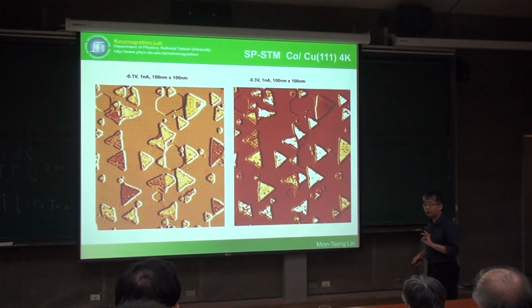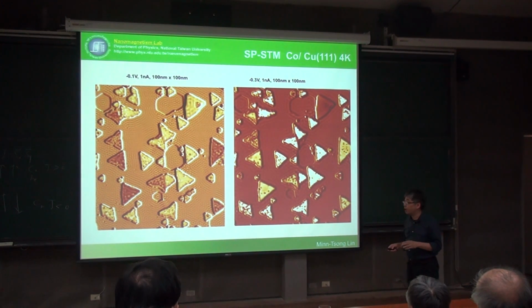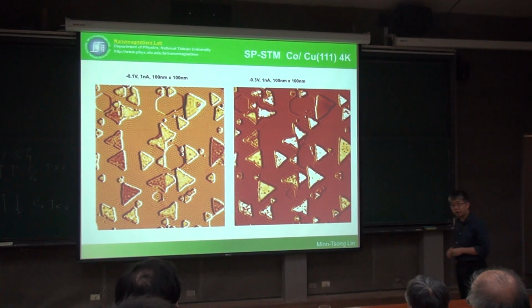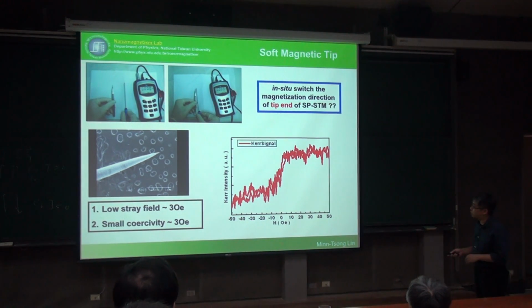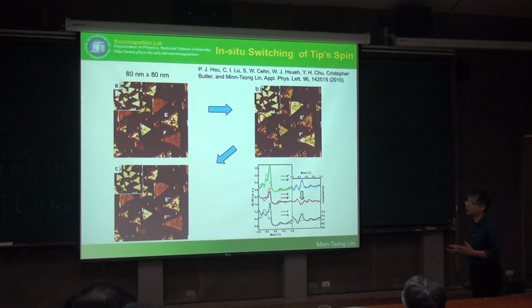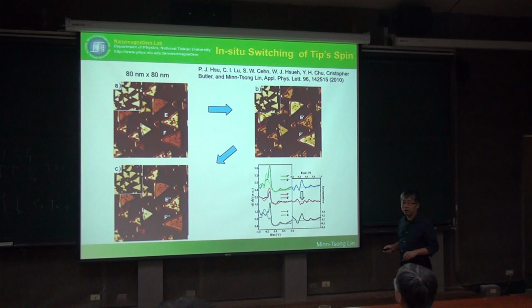In particular, organic material can also be induced with some spin polarization by the magnetic material. Quite interesting, my student found a very special tip so we can switch the magnetization of the tip in situ.